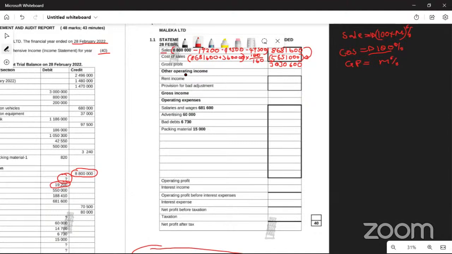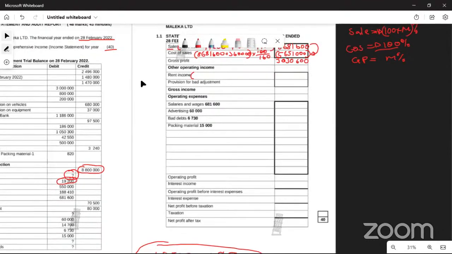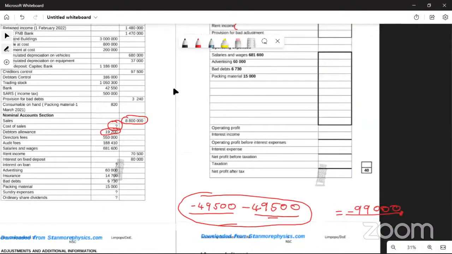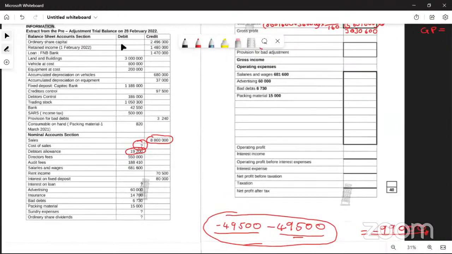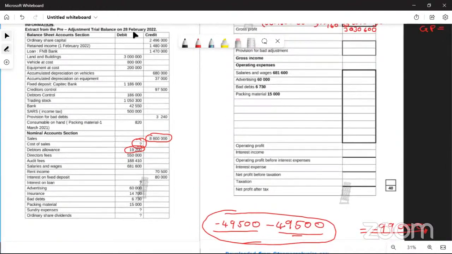Then we go to other operating incomes. In other operating incomes, rent income. The first thing that we need to do about rent, we have to go and check rent income from our pre-adjustment. Luckily for us, the pre-adjustment has two columns, the debit side and the credit side. Under the nominal account section, that's where you will find your incomes and your expenses. Our income we find on the credit side.